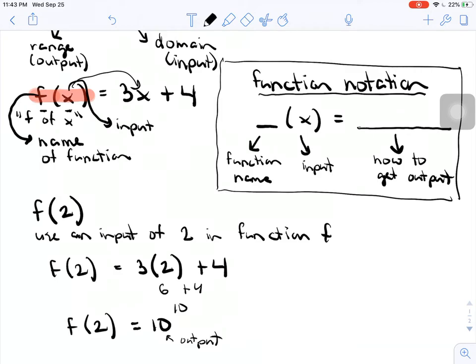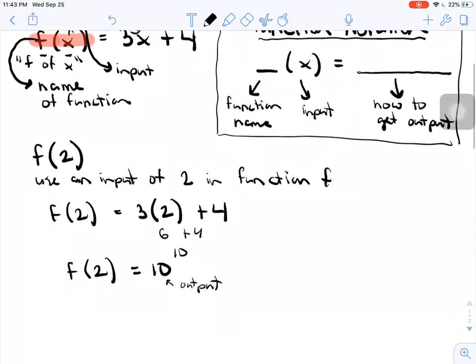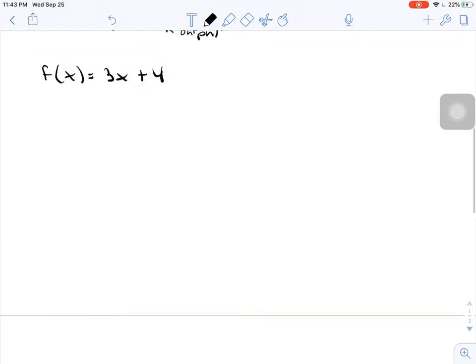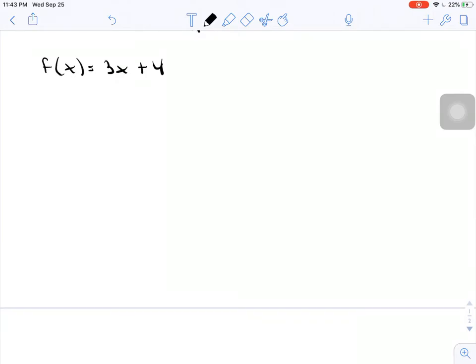The reason why we have function names is so that if we're working with multiple functions at once, we could tell them apart. So we're going to grab the same function we've been using. But now we're going to add another function in with it. Maybe I have a second function that follows a different pattern.